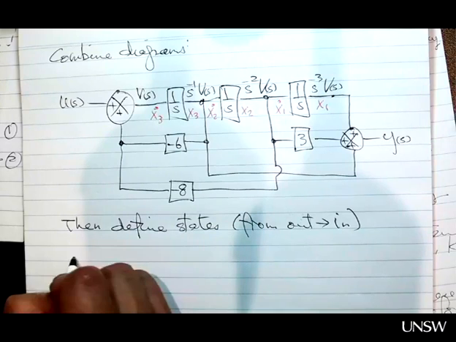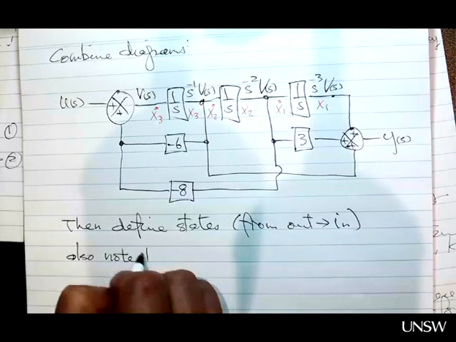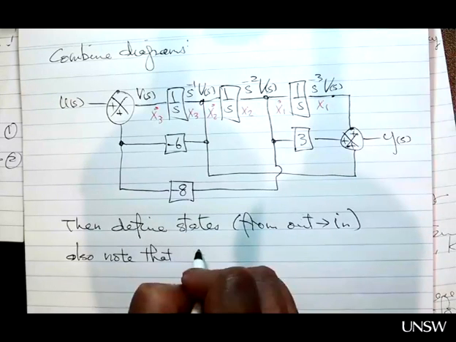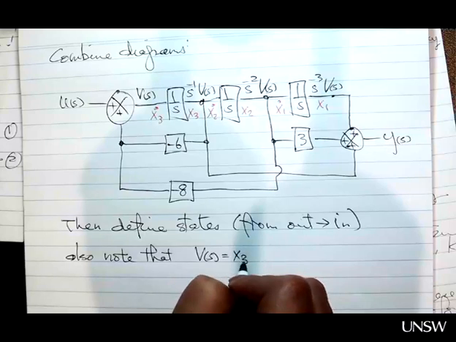Okay, we also note that now we have V(s) equals x3 dot.